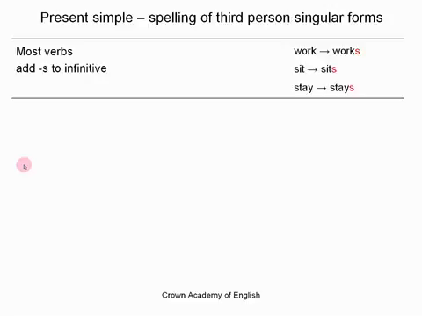And so this is the case for most verbs. And another example would be sit. So to sit becomes he, she, or it sits. And it's the same for stay. So we have the verb to stay, and that becomes he stays, or she stays, or it stays. Okay. Now let's have a look at some exceptions.